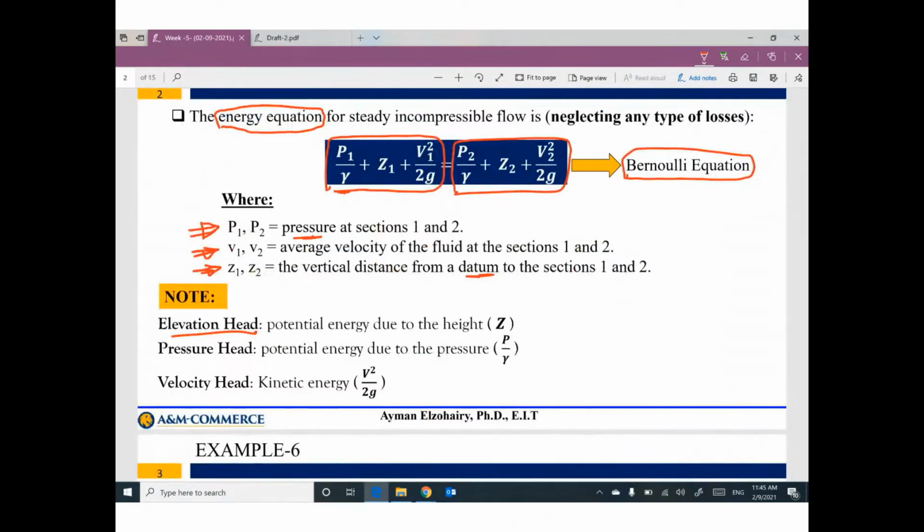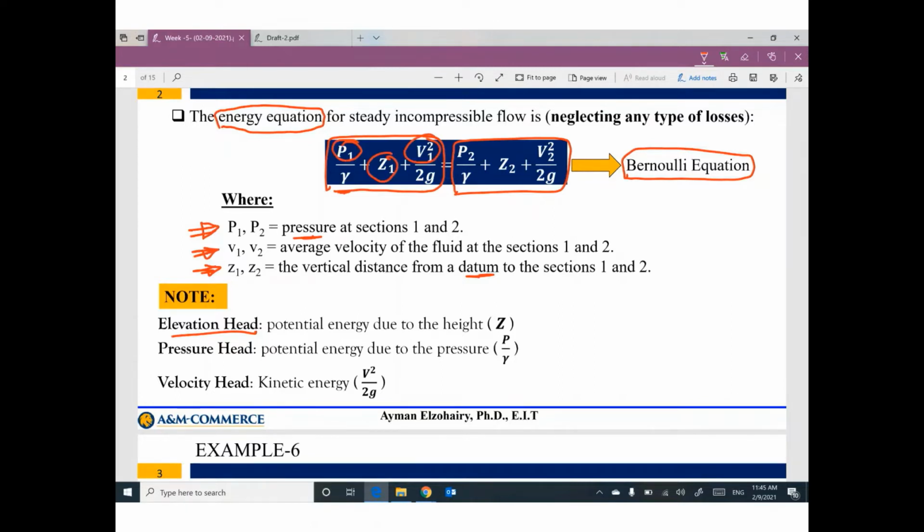So this slide is very important. Please pay attention because it's a very important part in your FE exam to understand this equation, which is called the energy equation. Energy equation is a relationship between different parameters: velocity, elevation, and pressure.